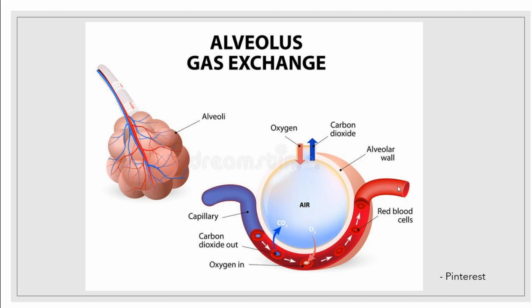So it brings the carbon dioxide-rich blood to the alveoli, and because there's so much of that carbon dioxide, it wants to go to a place where it's less concentrated. This is a process called diffusion. If you imagine you have a glass of water and you put a drop of food coloring in there, and how it tends to just disperse out, that's the same process.